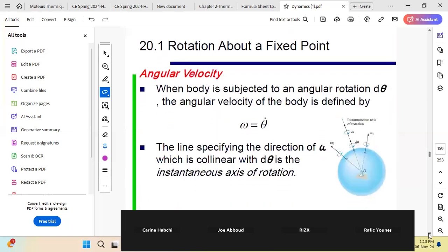And then we can deduce that when a body is subjected to an angular rotation d theta, we can define the angular velocity of the body as omega equals d theta by dt. The line specifying the direction of omega, which is collinear with d theta, is the instantaneous axis of rotation.